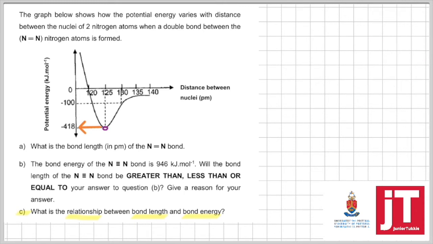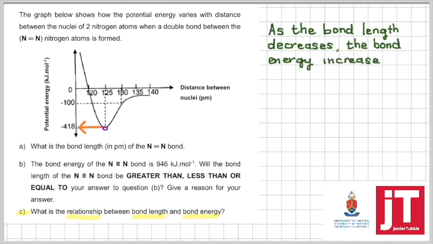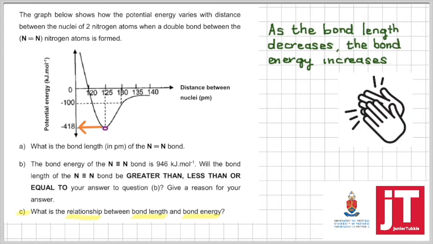We can therefore answer question C by saying, as the bond length decreases, the bond energy increases. This brings us to the end of this question from the KZN question paper, and we can now move on to the last question in this video.